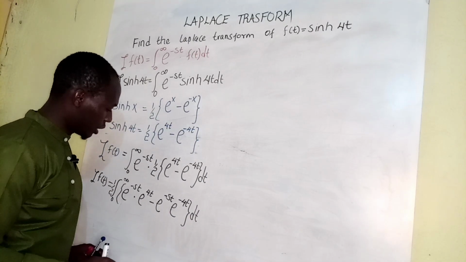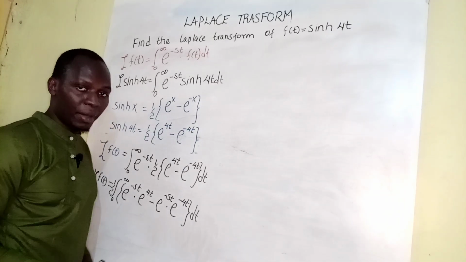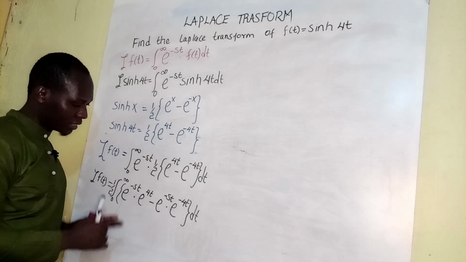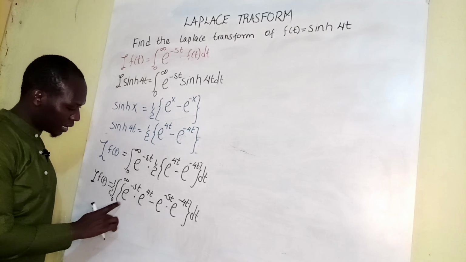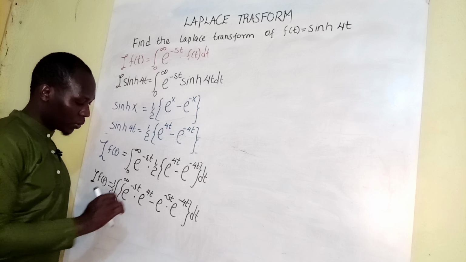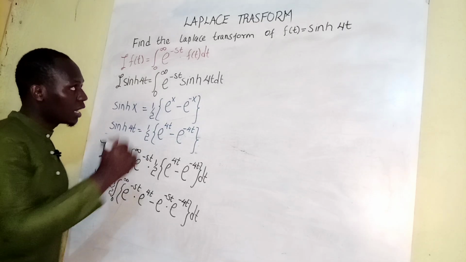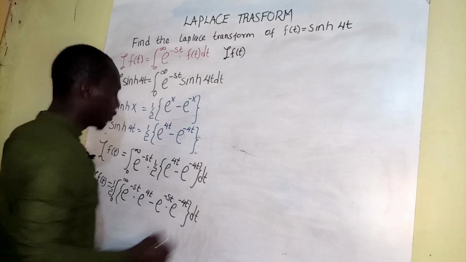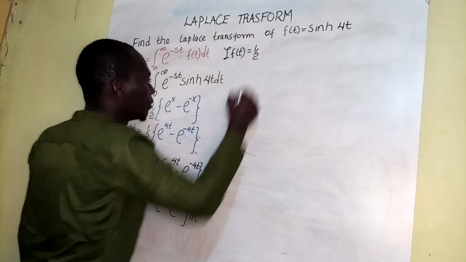Up to this point now, we can use the laws of indices to reduce the number of exponentials. We understand that when the bases are equal and it is a multiplication, we take one of the bases and we add the powers, to mean that the Laplace transform of our function f of t is going to be equal to a half.